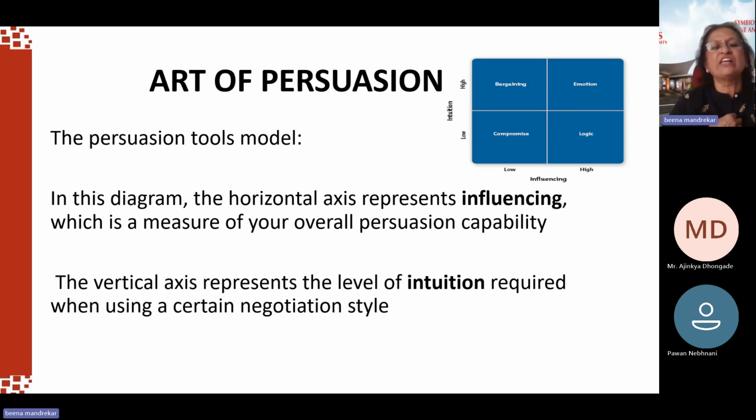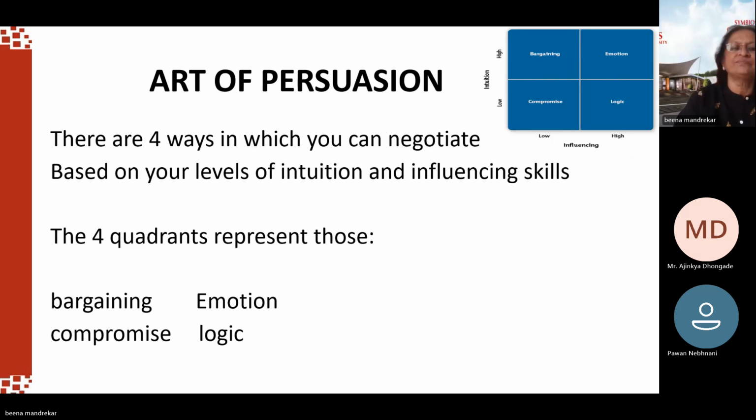Instinctively, what you feel, will the buyer take it or not? Intuition should be high. There are four ways in which you can negotiate based on your levels of intuition and influencing skills: bargaining, emotion, compromise, and logic. That's the four quadrants.